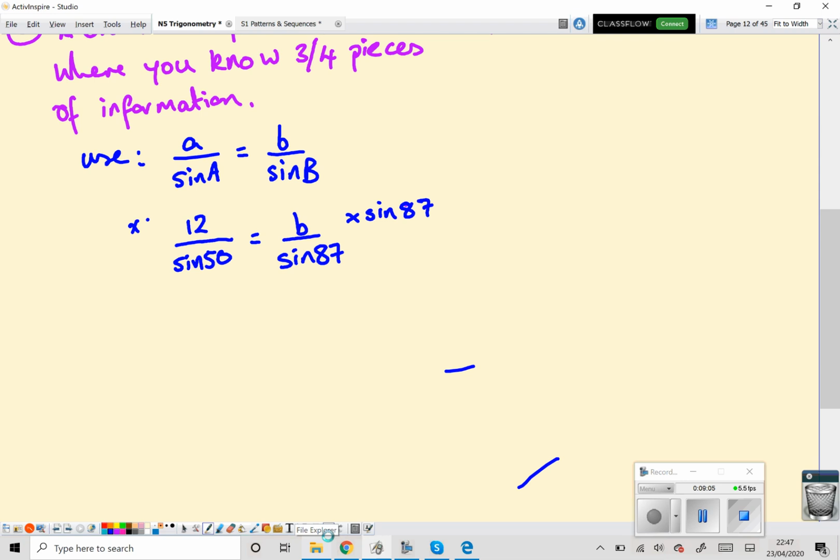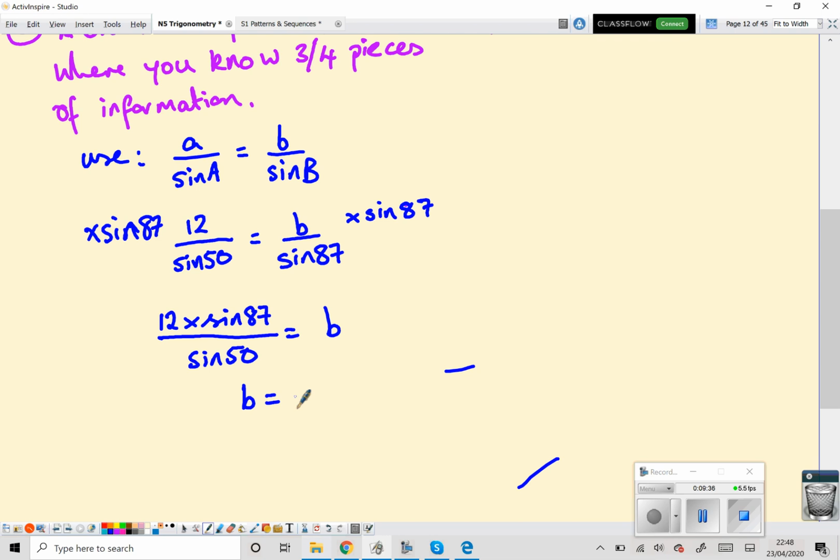And what that does is it gives you, on the top here, 12 times sine of 87 divided by sine of 50 equal to B. Because multiplying by sine 87 and dividing by sine 87 at the same time just gives you 1, so we're just left with B there.